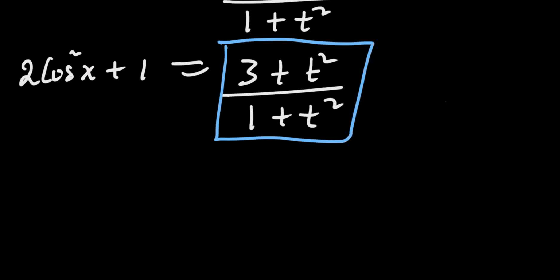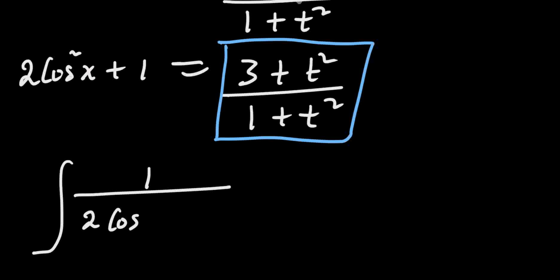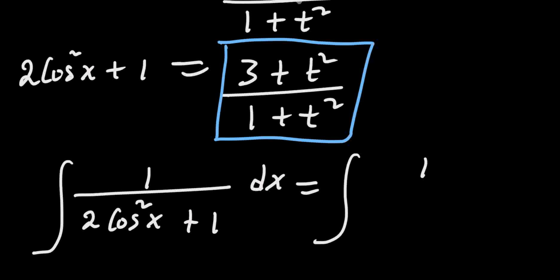So let's now bring in the original question, which is integral 1 over 2 cos squared x plus 1 dx, and this will be equal to integral 1 over, so the whole of the denominator, which is now the whole of this.